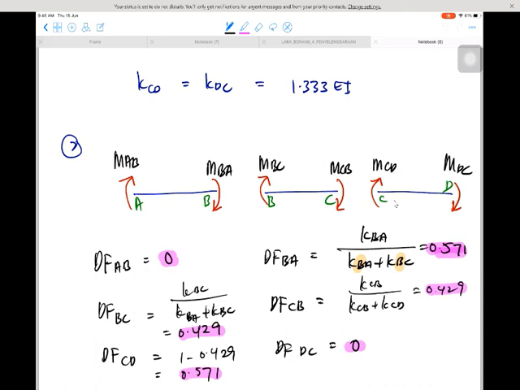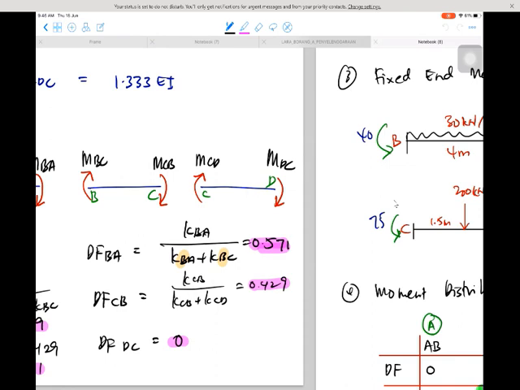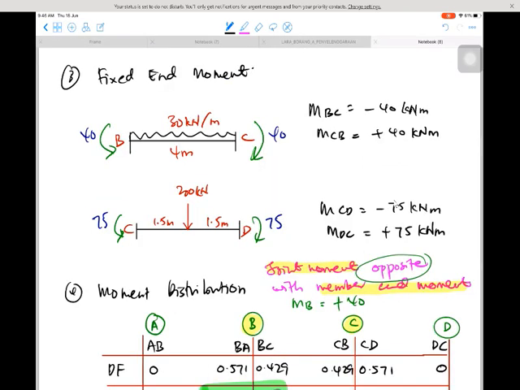Then step number 3, I have also shown you how we calculate the fixed end moment and how we put the sign for the fixed end moment. Remember, we calculate the value based on the behavior, so the sign for the fixed end moment will be based on the sign convention.